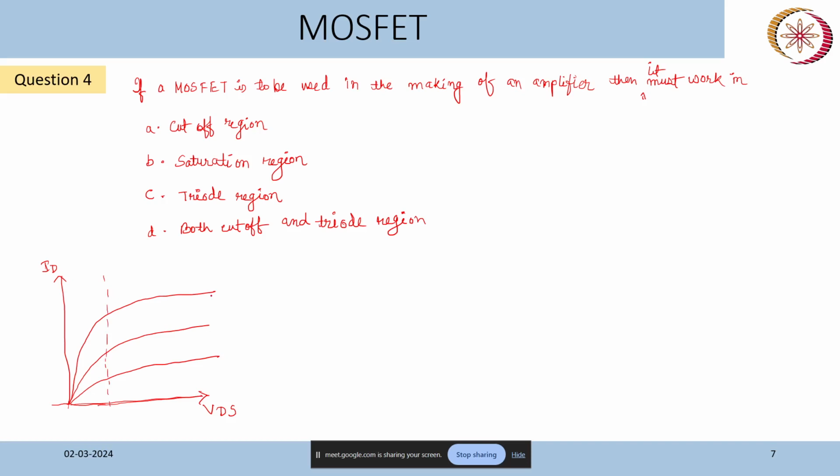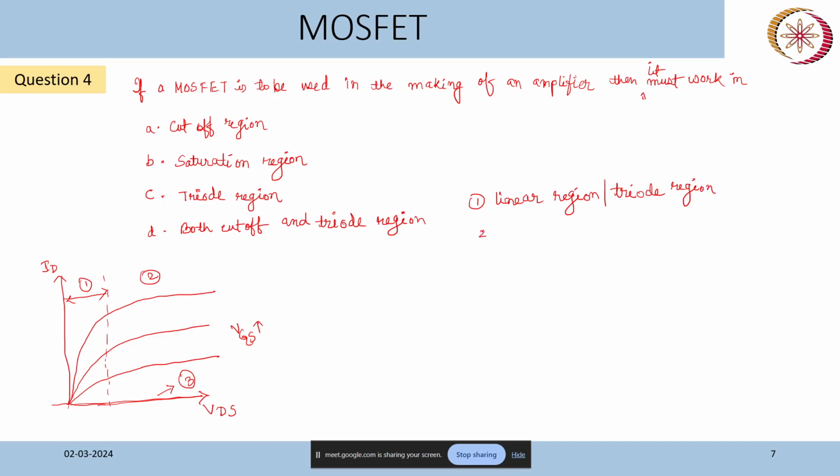These lines are for different VGS, as VGS increases. So this is region 1 of operation, this is 2, and this is 3. Region 1 is known as the linear region, or triode region.